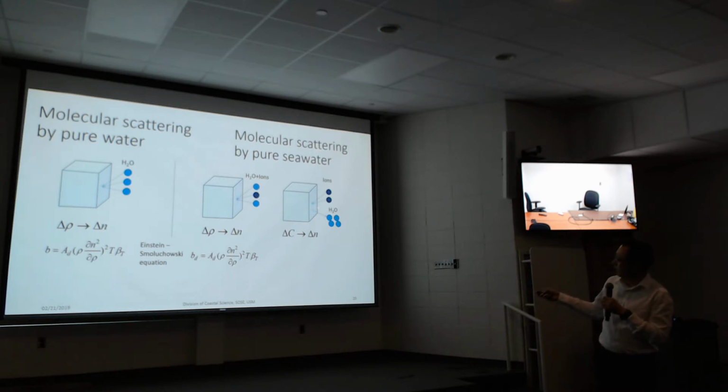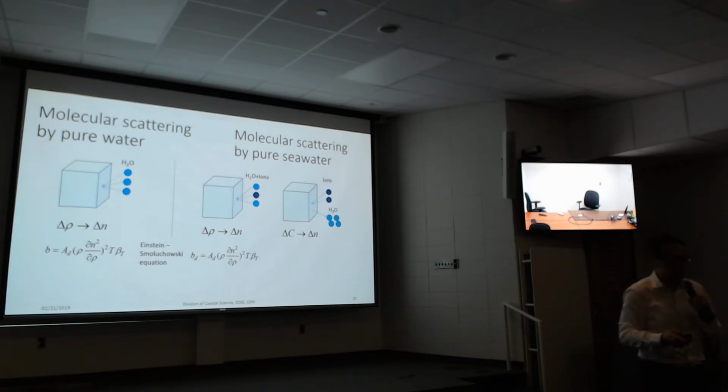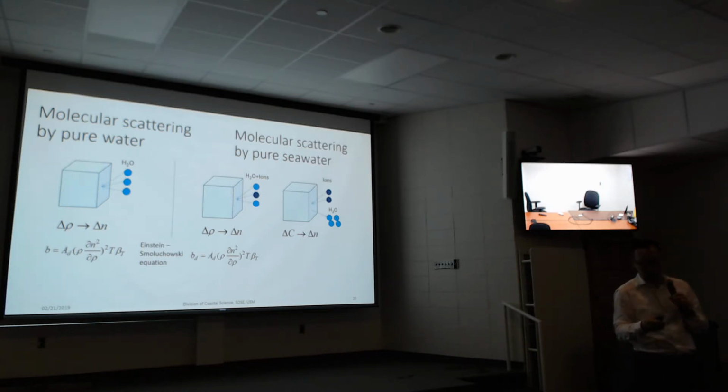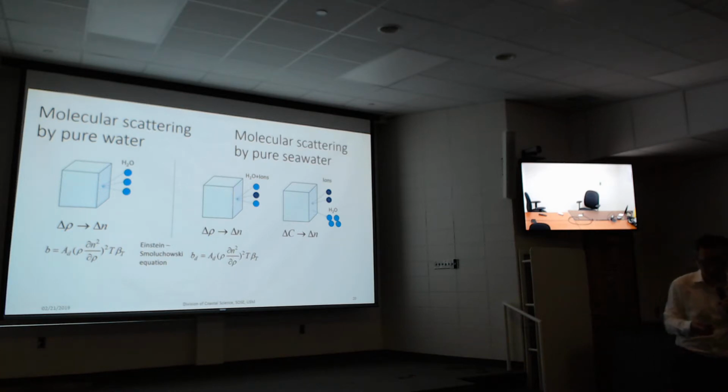So the ions go in, the water molecules go out, the mass doesn't change, and the density doesn't change. However, what changes is the salinity. We have a concentration change, and this concentration change also causes a refractive index change. So for seawater light scattering, in addition to the density fluctuation, there is also an additional fluctuation caused by concentration.